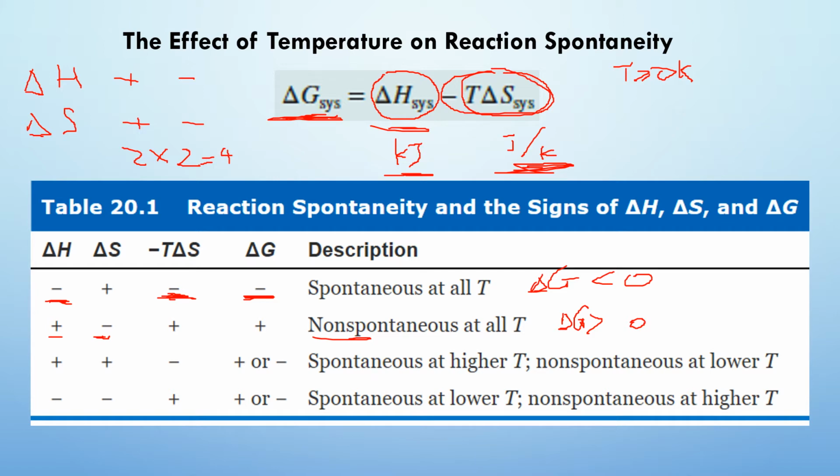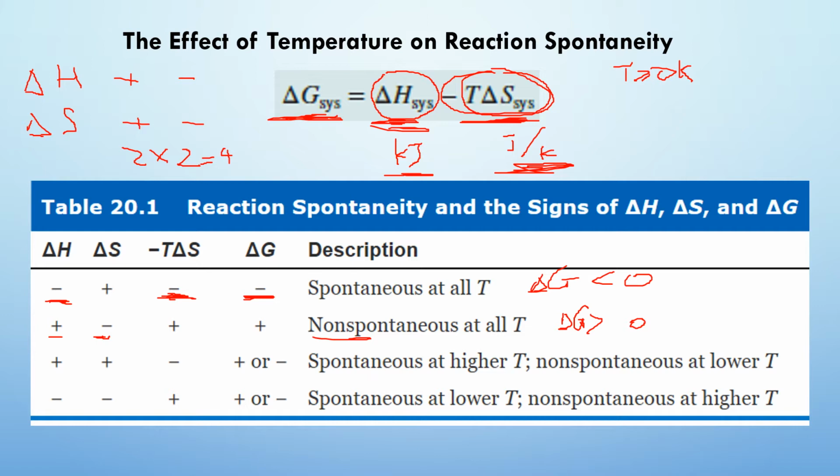If you have both positive or both negative, then you have to determine the relative magnitude of these two terms, whether the sum of these two terms is greater than 0 or less than 0.